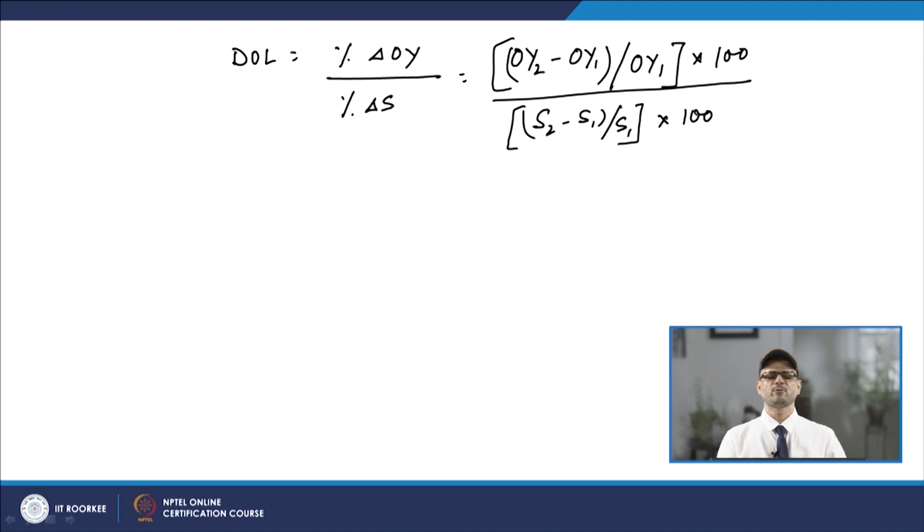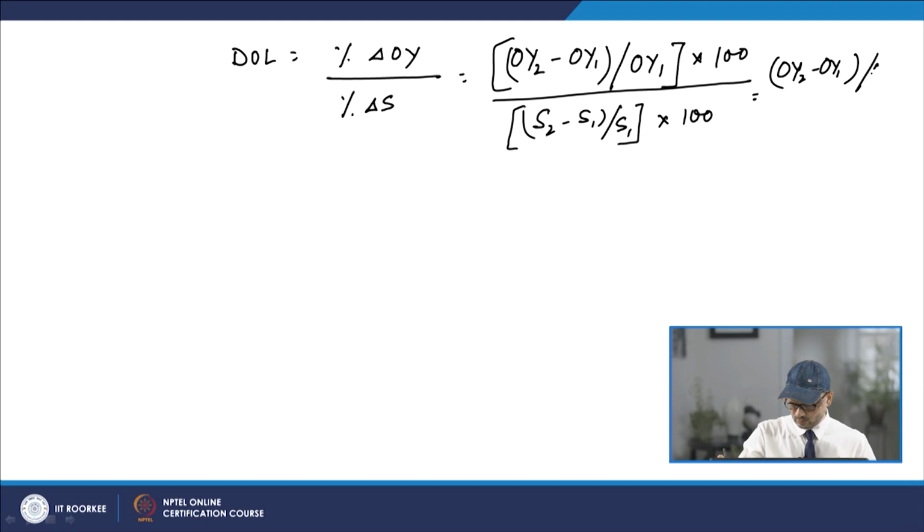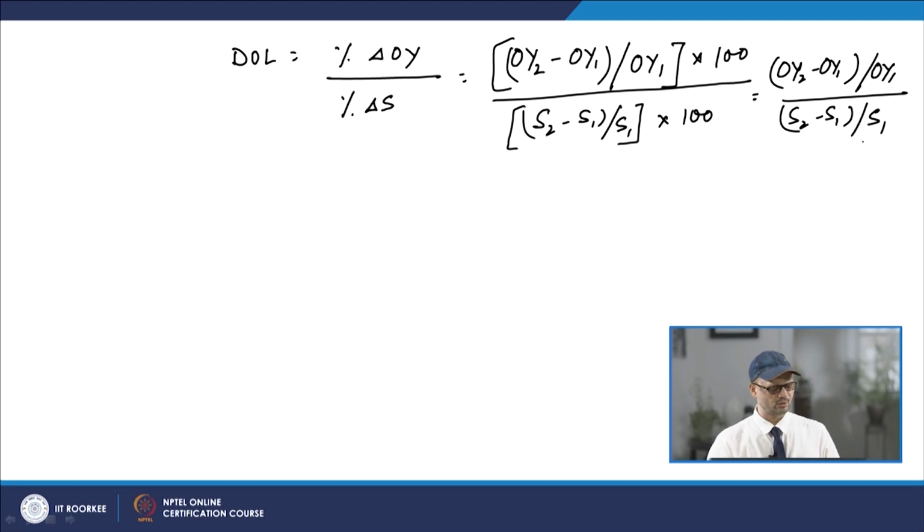This way the DOL is defined, and the 100 and 100 will cancel. So it is OI2 minus OI1 divided by OI1, and that whole divided by S2 minus S1 divided by S1. That is known as the degree of operating leverage.